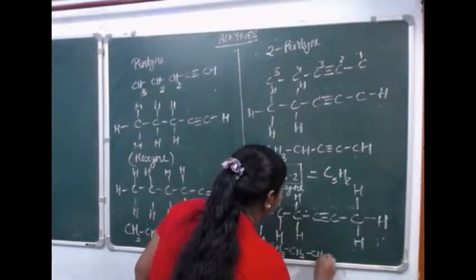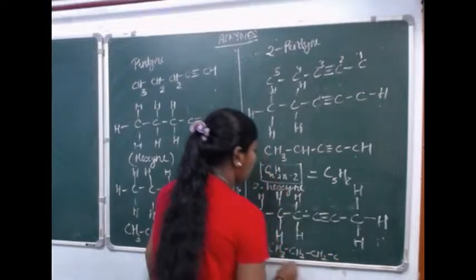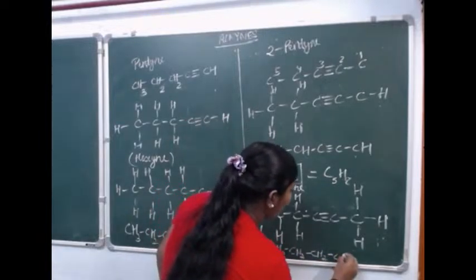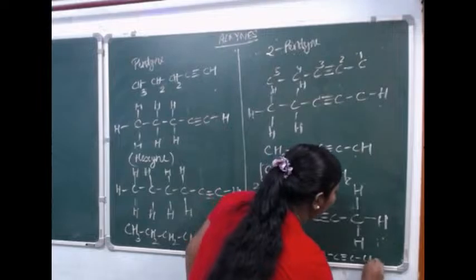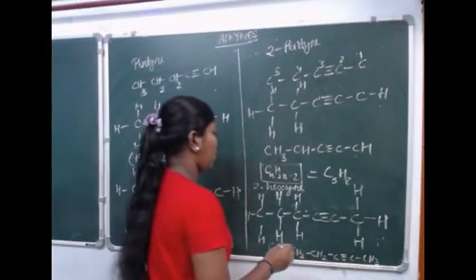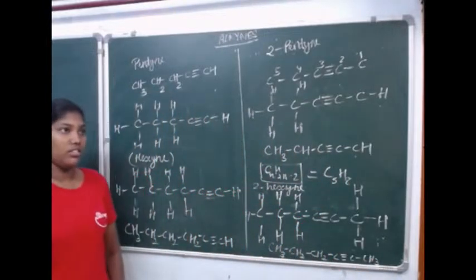CH3, CH2, CH2, CH2, C triple bond C, CH3. Very good. So what do you call it? 2-hexyne. Okay.